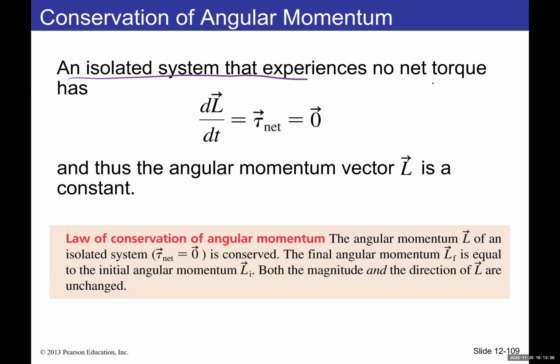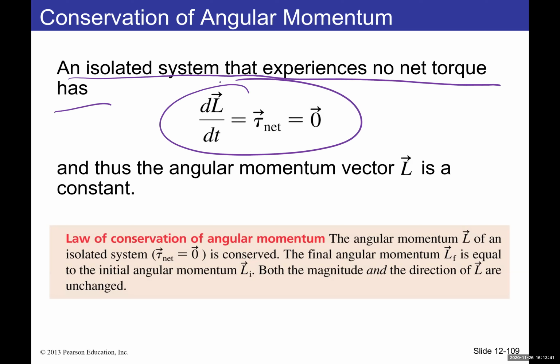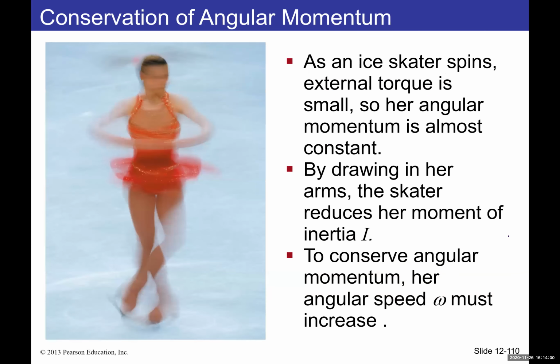An isolated system that experiences no net torque can conserve angular momentum. So the law of conservation of angular momentum: the angular momentum L of an isolated system is conserved. The final angular momentum is equal to the initial angular momentum, and both the magnitude and the direction will be unchanged. So very similar to the conservation of linear momentum.